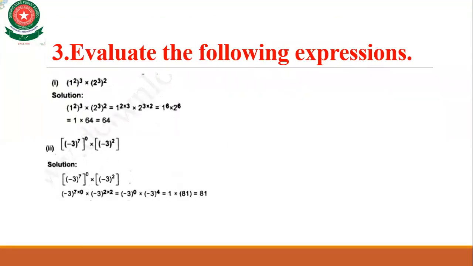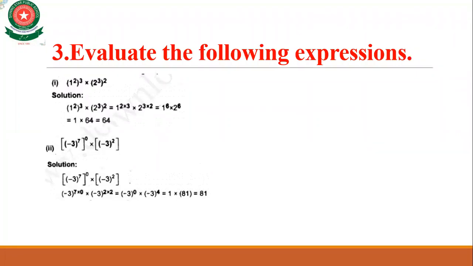Now the last question, question number 3. Part number 1 is 1 power 2 into 3 multiplied by 2 power 3 into 2. So the solution is, first of all, we have to solve them by using rule number 1 of power law.